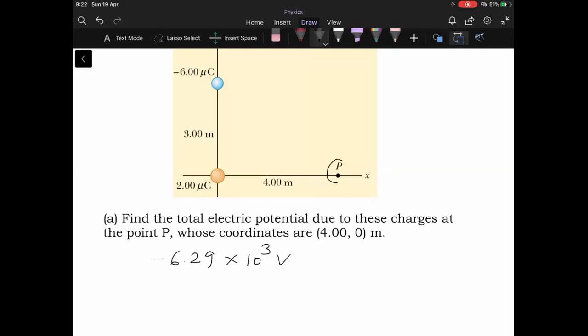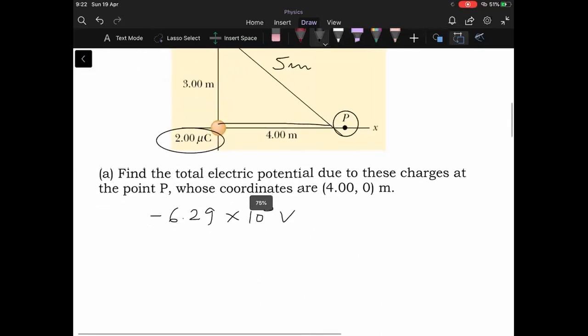You have to find out the potential at point P because of these two charges, plus 2 microcoulomb and minus 6 microcoulomb. Okay, now this charge will have its potential because of this distance 4 meter. This will have this potential due to this distance which is 5 meter. Now you can calculate the value of potential at point P.